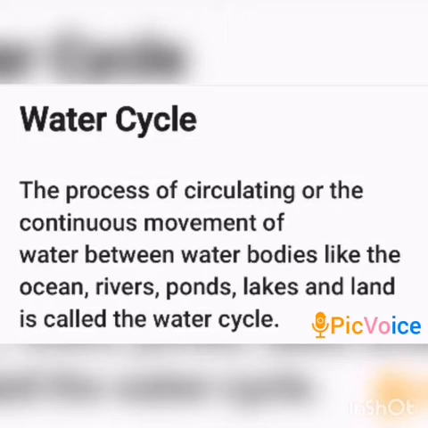What do you mean by water cycle? The process of circulating, or the continuous movement of water between water bodies like oceans, rivers, ponds, lakes and land, is called the water cycle.